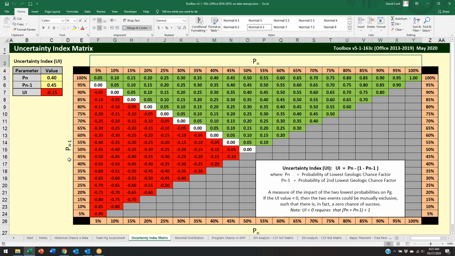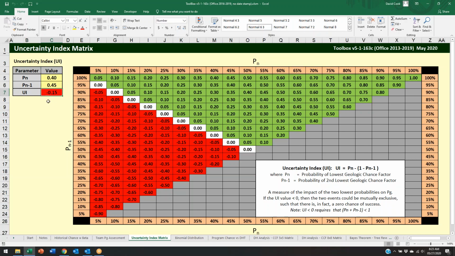The y-axis is representative of the second lowest chance of success in that, and you can go in and calculate an uncertainty index associated with that using this formula in here. So you can capture here the lowest value and the second lowest value, and it calculates the uncertainty index.